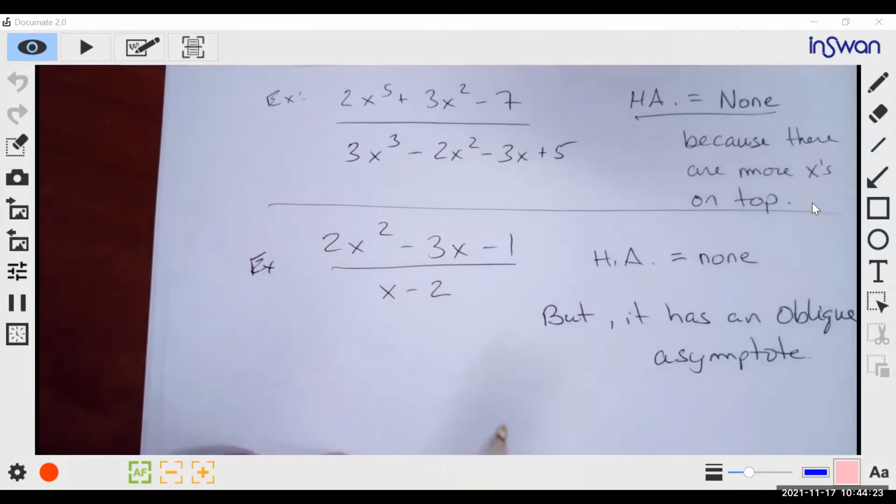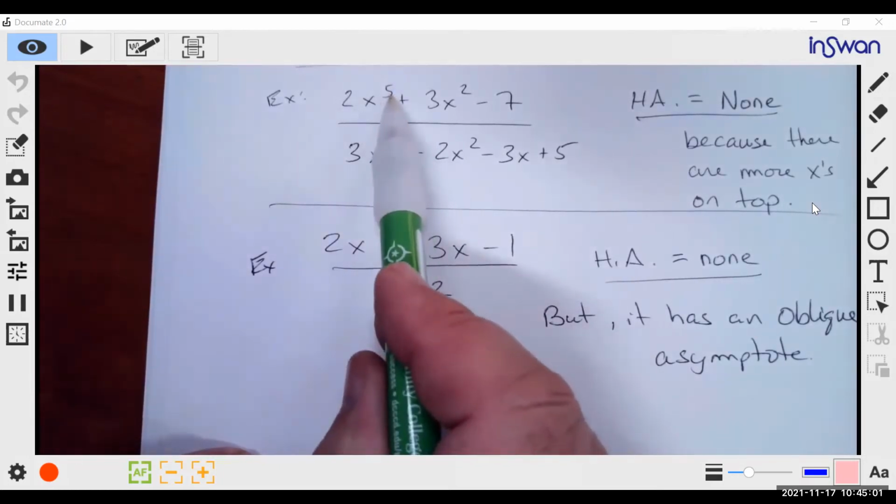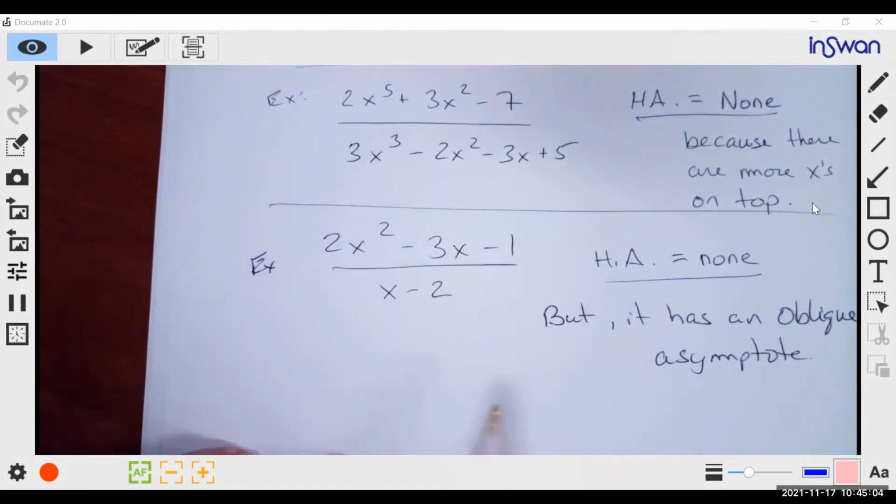They both have no horizontals. What do you notice different about the two equations? Okay, only look at the leading terms, always when we do the horizontals. So what about the leading terms? What's different about them? Okay, so this one, the numerator is bigger than the bottom. How are they different?